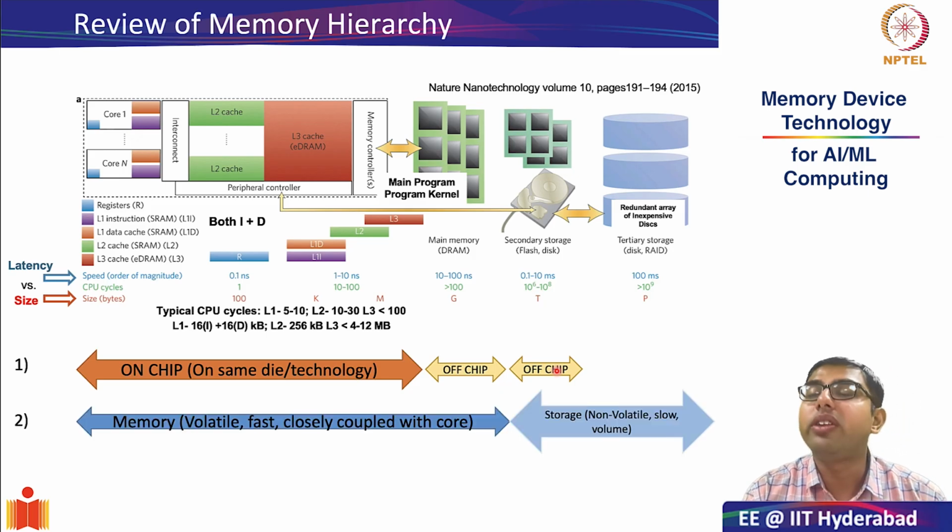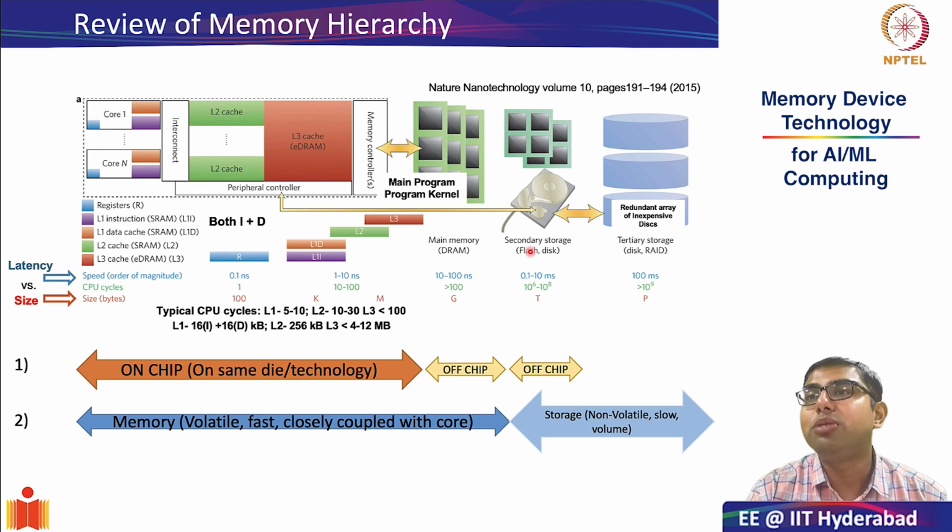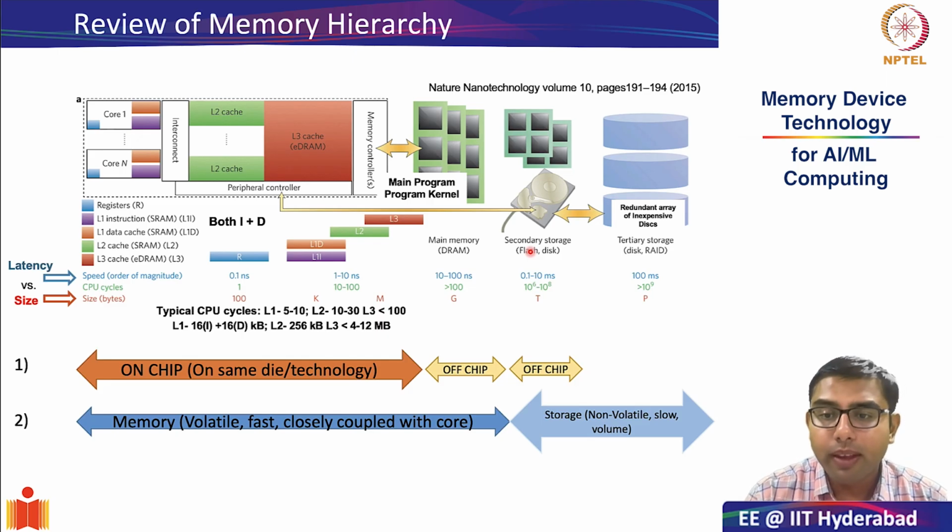The second important thing to recognize is the distinction between memory, which is generally volatile, has to be very fast, and closely coupled to the CPU subsystem or the cores. As you know, DRAM is where this boundary between DRAM and NAND flash, or the main memory and the main storage, is being drawn.